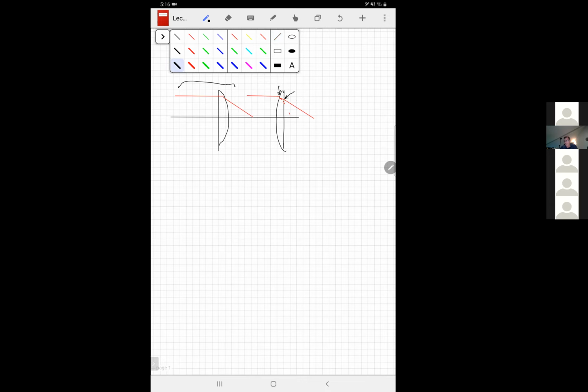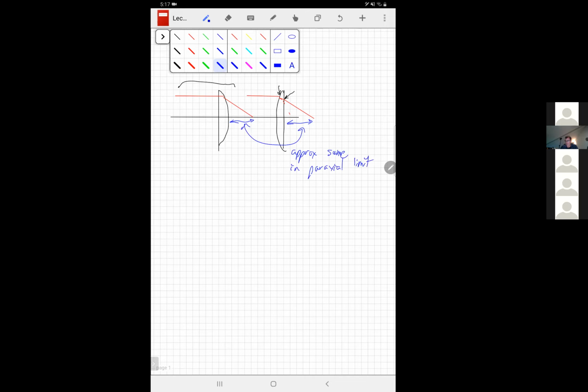And the combination of those changes is in the paraxial limit approximately the same. Right? So these two changes are approximately the same in the paraxial limit. It's only in the non-paraxial limit that they are different.